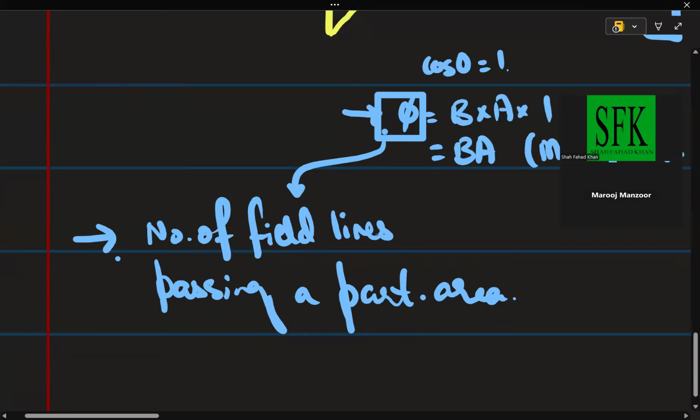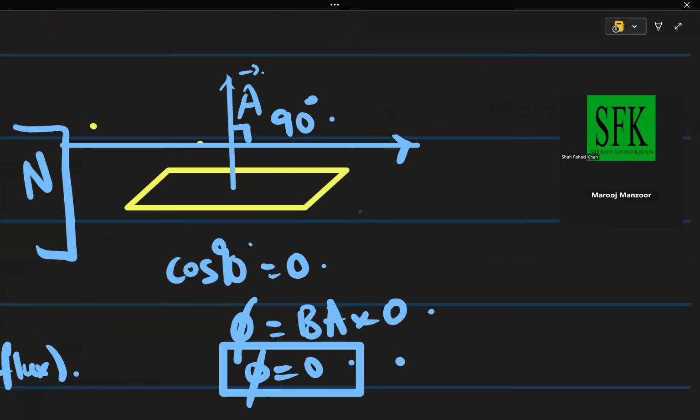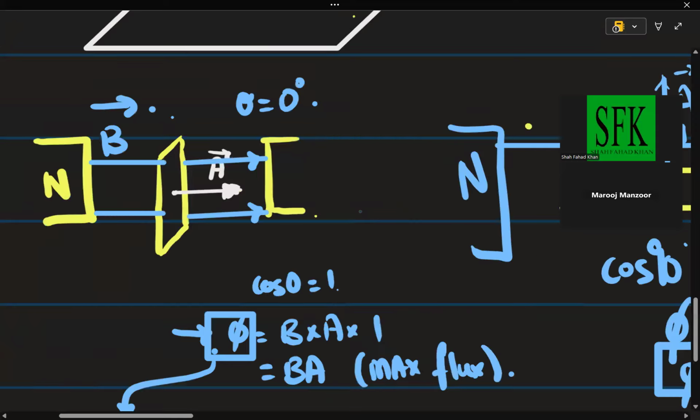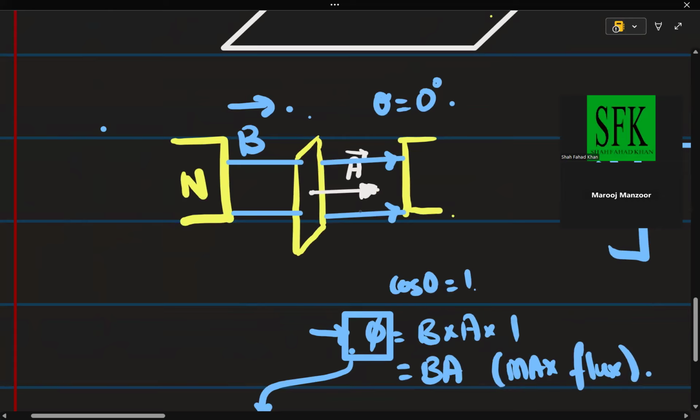Number of field lines passing a particular area. Okay, that's flux. And so in this situation, when the theta is 90, the field lines are not passing through this area. They are either passing above the area or below the area. That's why flux is 0. And in this case, when the theta is 0, maximum field lines are passing through the area. That's why flux is max, okay? Understood? Yes, sir. All right.